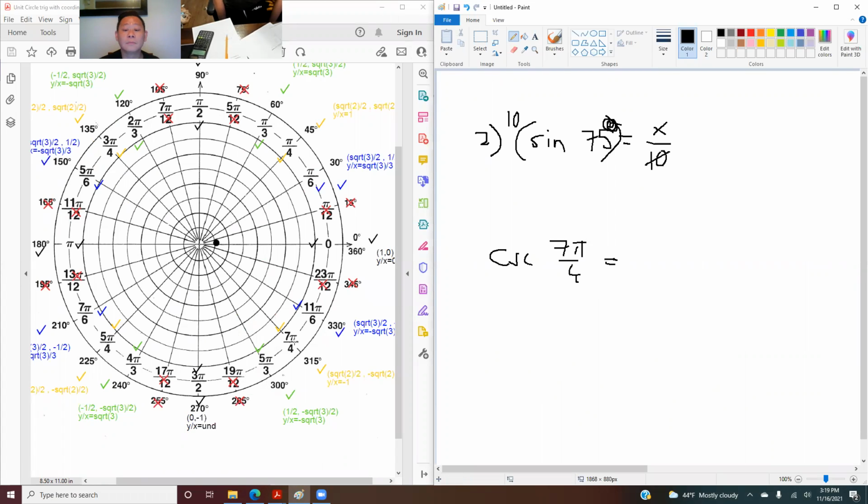Then pick another one, like 5 pi over 6, and attach one of the six trigonometric functions, say tangent. If you want to be tricky, you can put a negative on it.